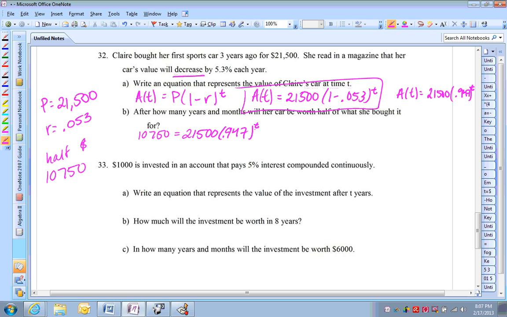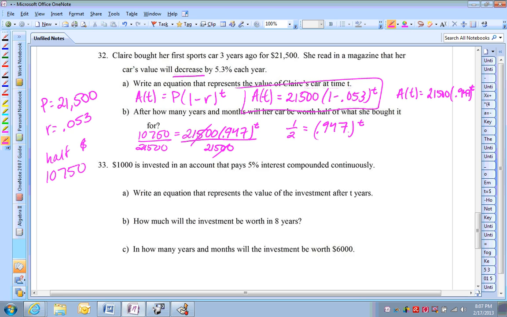Okay, so now we need to solve for t, the number of years it takes to reach that 10,750 amount. So first thing we have to do is divide by 21,500. And we're left with 1/2 equals 0.947 raised to the t.